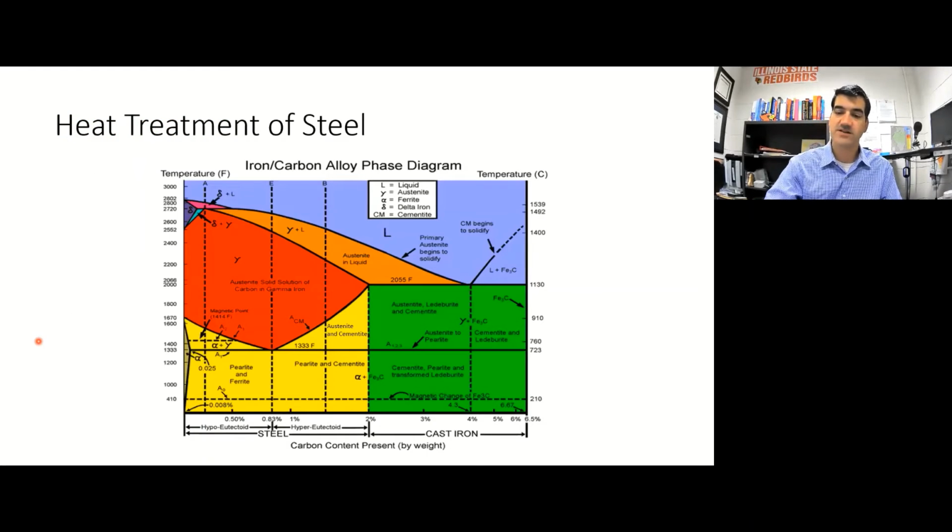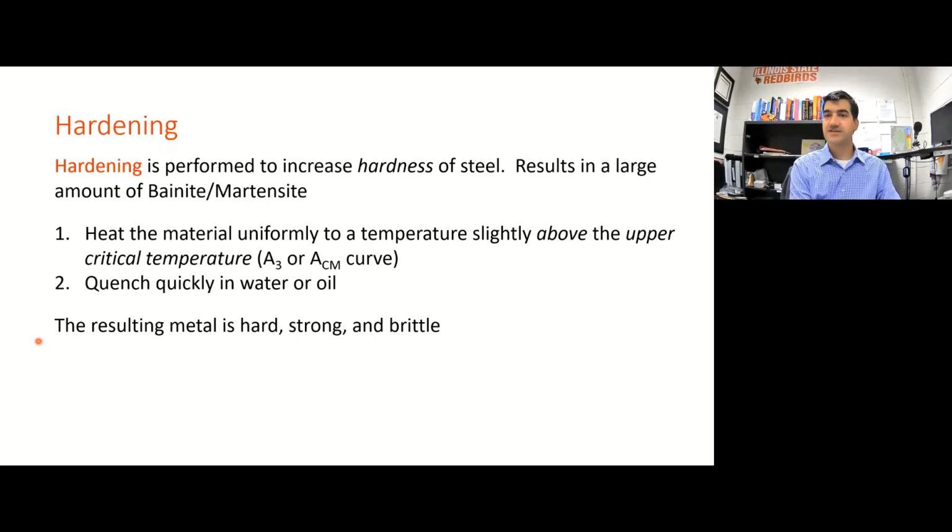The first one is just hardening. You can probably imagine what we're going to do based on what we've been talking about so far. To harden the material, we just want to get as much martensite and bainite in the material as we can. That's when it's going to make the material as hard as it can possibly be. So how do you do that? Step one, you heat up this specimen to a temperature above the upper critical temperature.